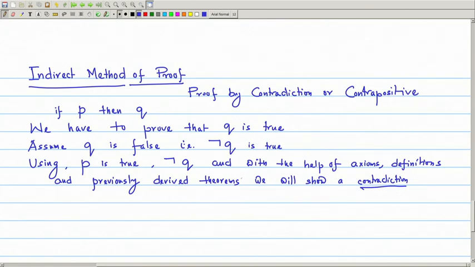So, we will show a contradiction and we will prove the theorem.